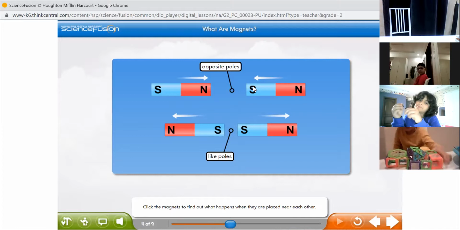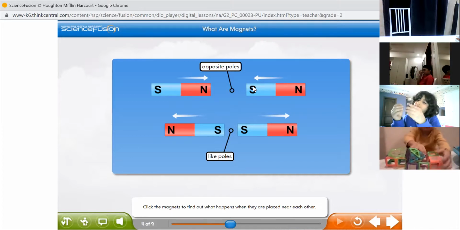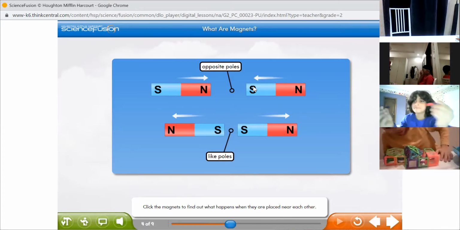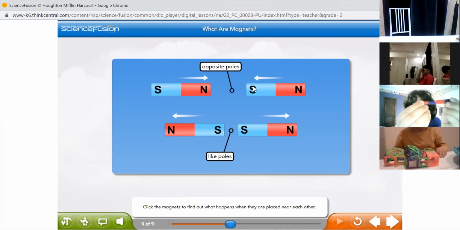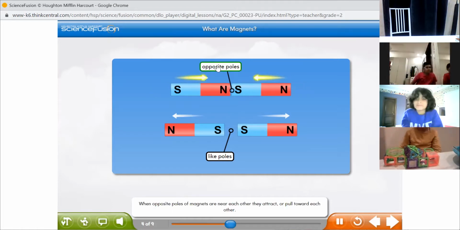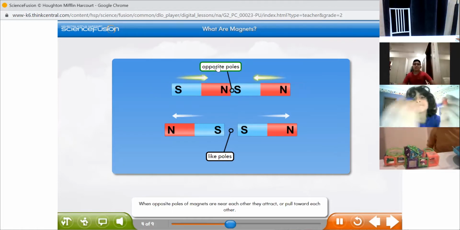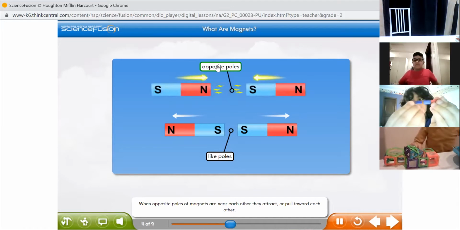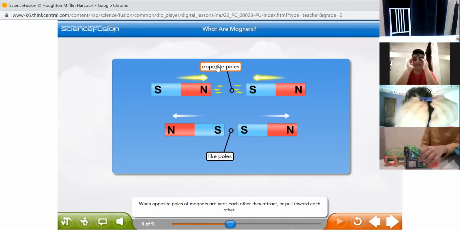Show me with your magnet. Make your magnet close to the camera and show me. What will happen with different poles? Are they going to attract or repel? Attract. Excellent, Abdulillah. When opposite poles of magnets are near each other, they attract or pull toward each other. Take a look again.